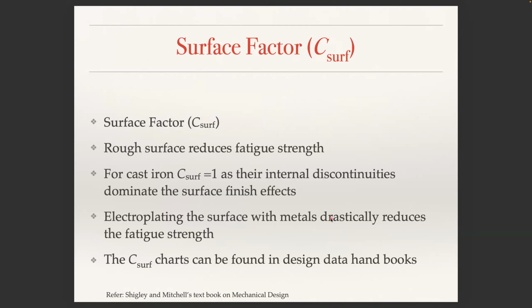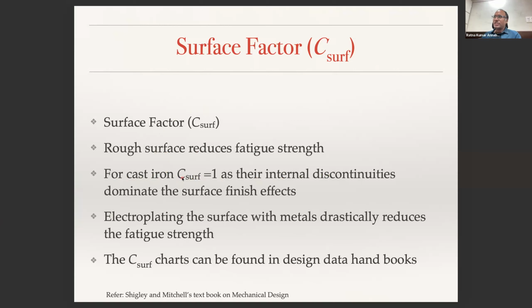Now coming to the surface effect, you know that rough surfaces reduce the fatigue strength, isn't it? So in a material, rough surfaces reduce fatigue strength because they are the triggers of cracks, surface cracks. So normally for cast iron, you don't have to give any surface factor, as the internal pores dominate compared to the surface pores.